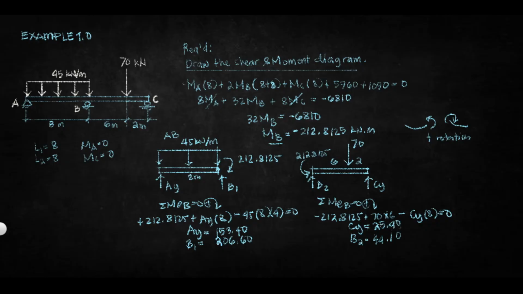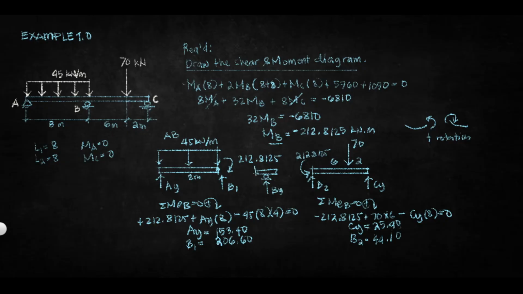Pag i-add natin ito, dapat 70. No? So, 25.90 plus 44.10. So, 70. So, ito yung magiging values natin dito. So, ito po yung sinasabi ko to check. Okay? If tama yung ginagamit nating equation. Okay? And then, lastly, to get by, yan, ito po yung ating gitna. Okay, nandito yung ating by.